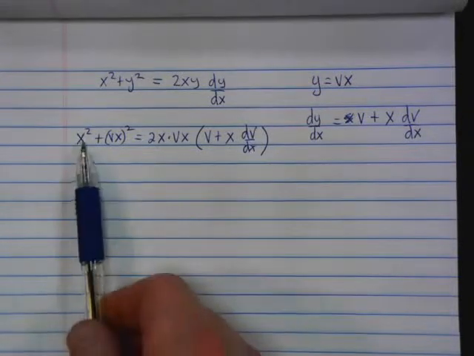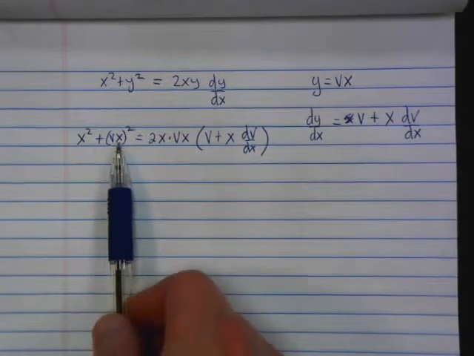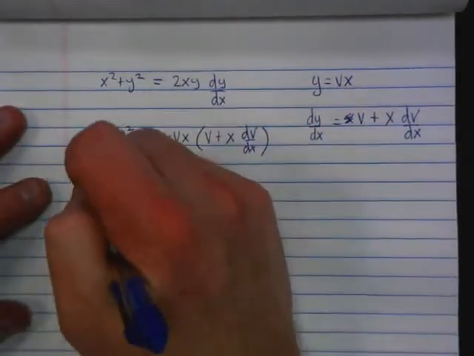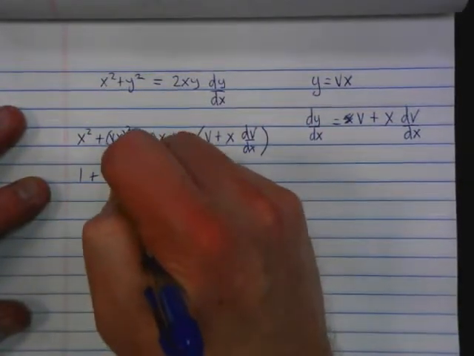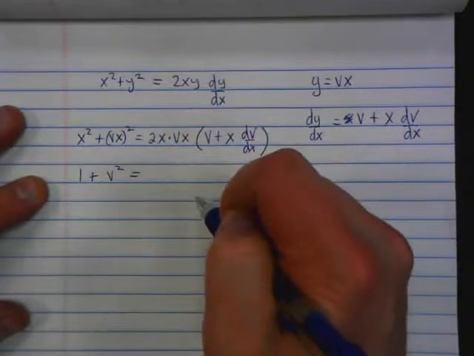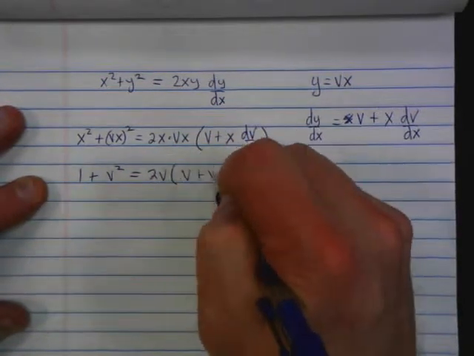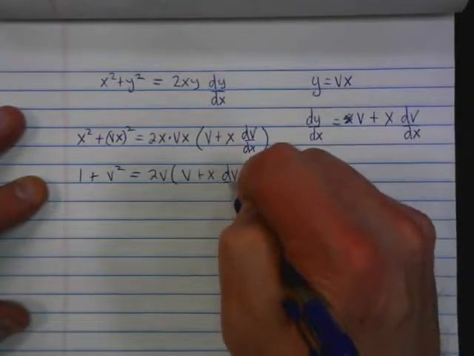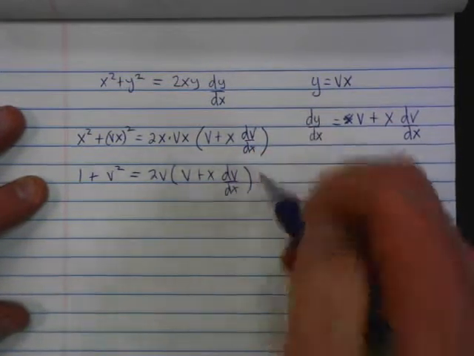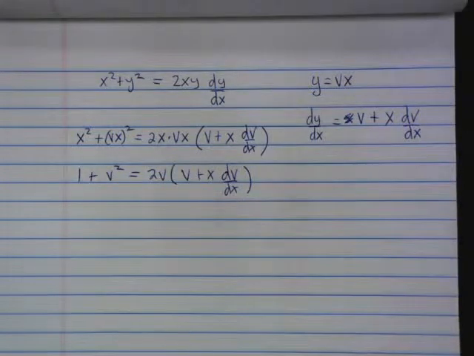Do I have an x squared everywhere? Got one there, got one there, got one there. 1 plus v squared equals 2v times v plus x dv dx. And now I just have to work through the algebra and separate my variables.